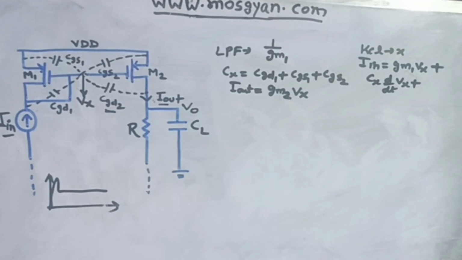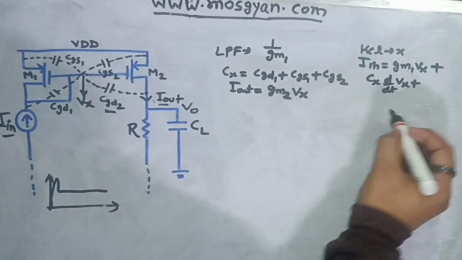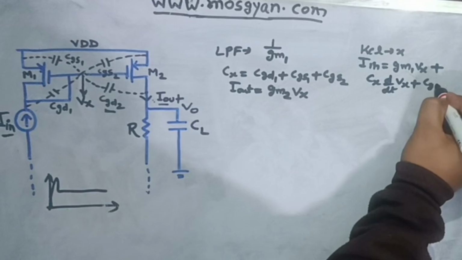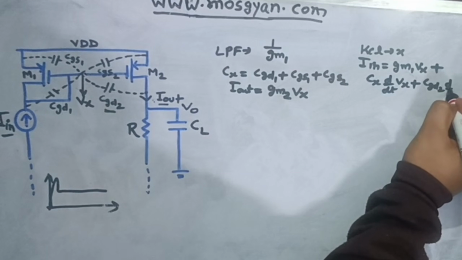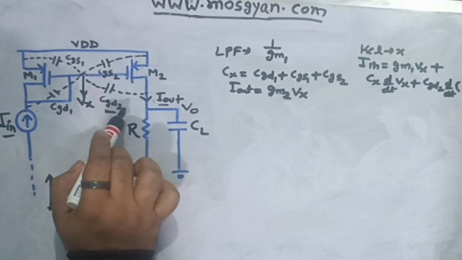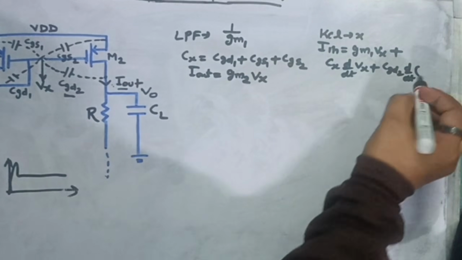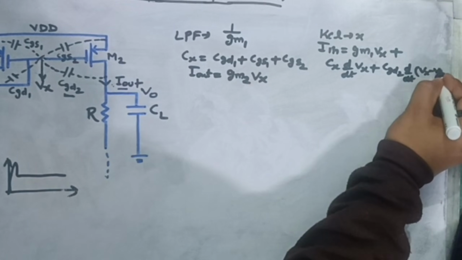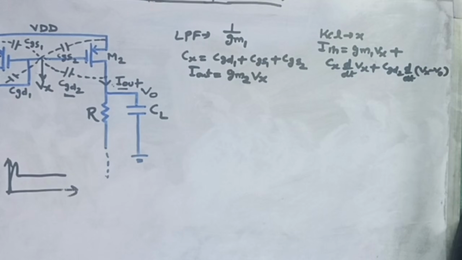Now the third current, the feed forward current, comes because of the CGD2 cap, so it can be written as CGD2 d/dt of (Vx minus Vout). This current is coming, so this should be Vx minus Vout. This is the equation. Now we can write this equation in Laplace form also.